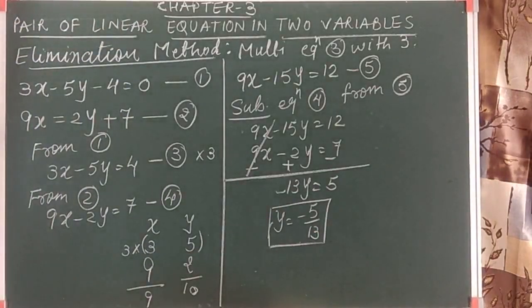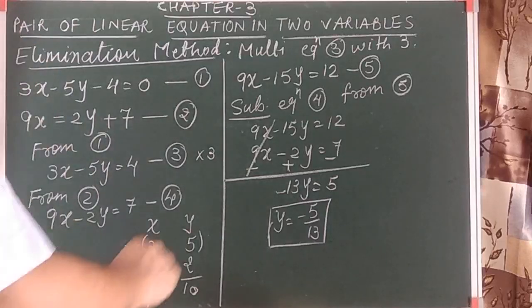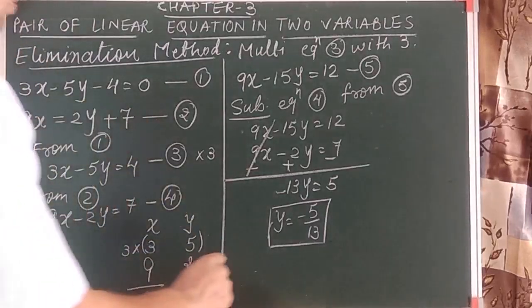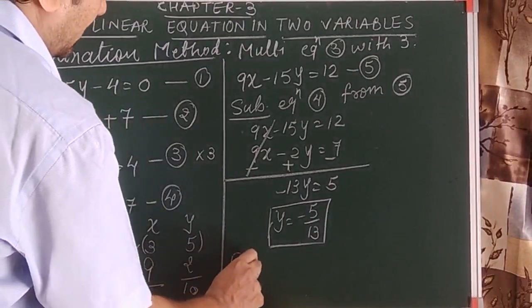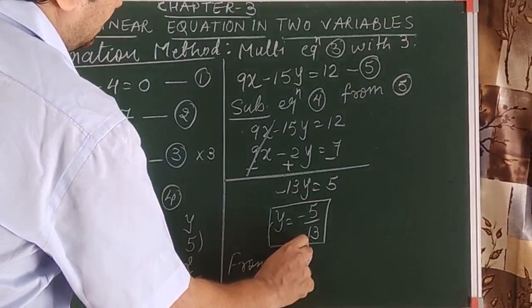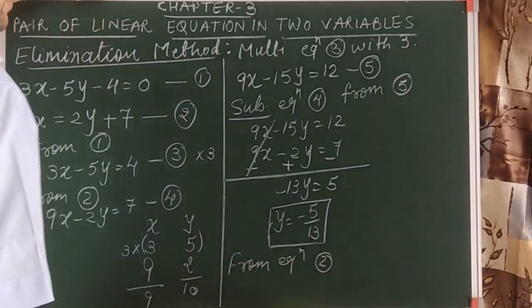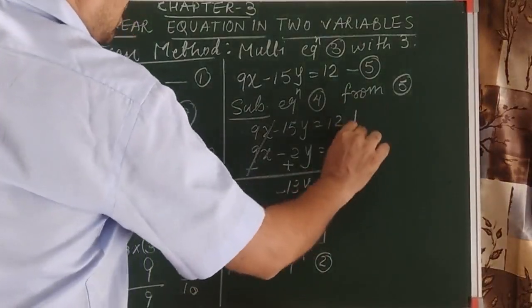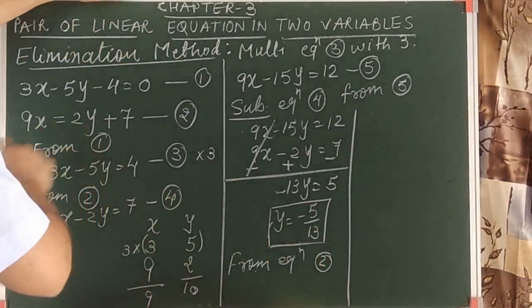Now to obtain the value of x, this value of y we have to substitute in any of the equations. कोई भी एक equation में हम इसकी value substitute कर सकते हैं. Let us substitute in equation 2. So from equation 2, I am substituting the value of y in equation number 2.